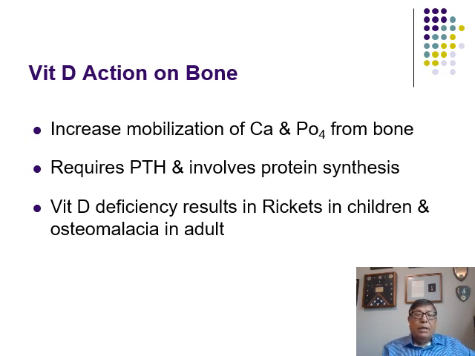Okay, so vitamin D deficiency, that's what we will be interested in and going to talk about. It results in rickets in children when they are growing, and osteomalacia, or softening of the bone, in adults.